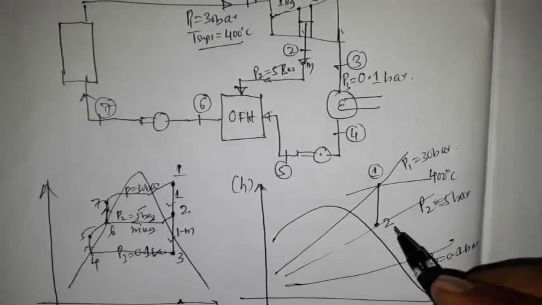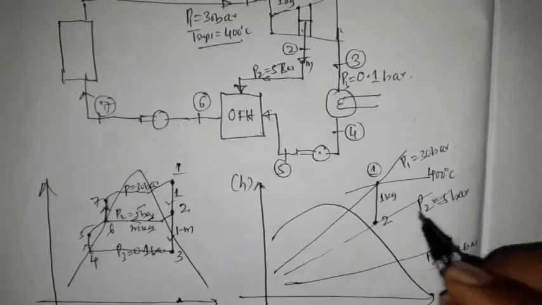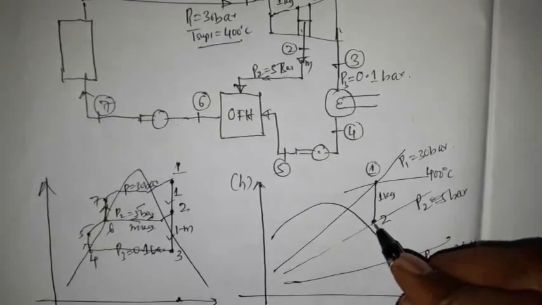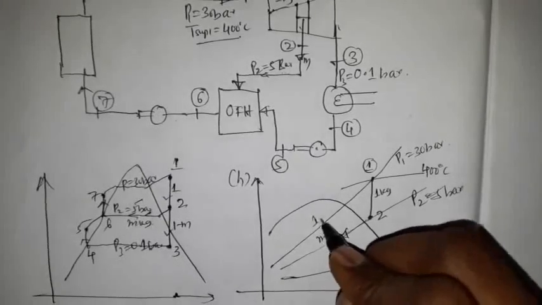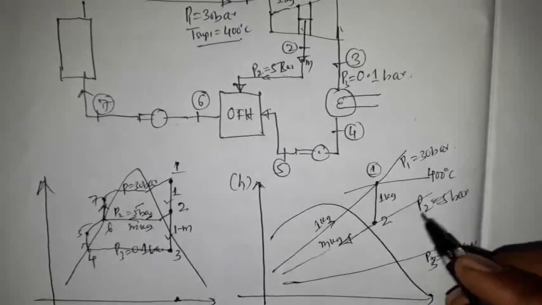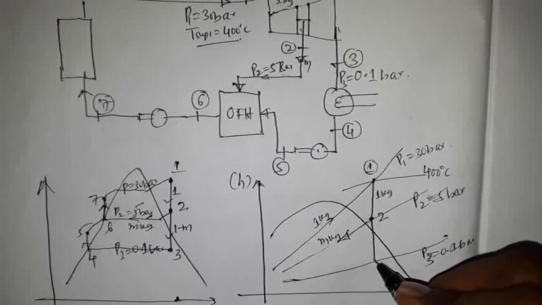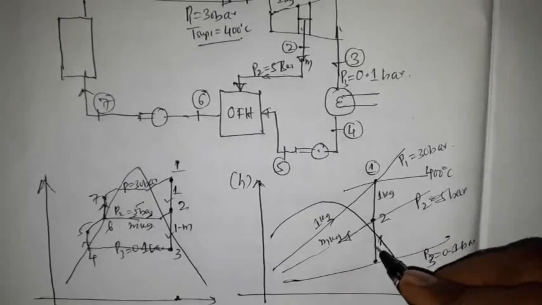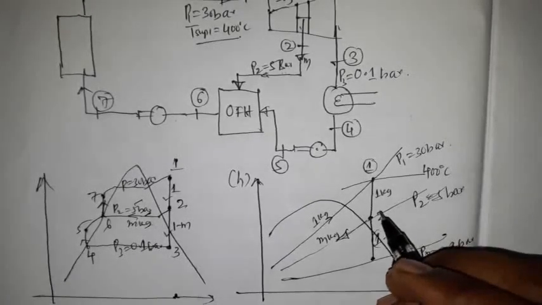The quantity was 1 kg here, and now we are bleeding m kg out of this. The remaining 1 minus m kg expands till the 0.1 bar pressure line of the condenser.